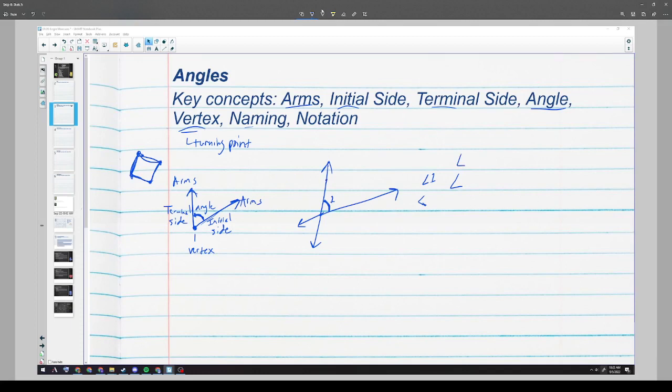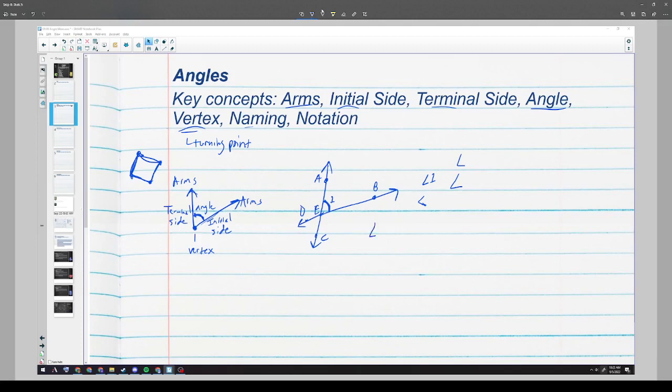We can also use points. So if I had point A, B, C, D, and we'll call the vertex here E, I can name an angle by 3 points that trace the angle if you follow along them as you name them.